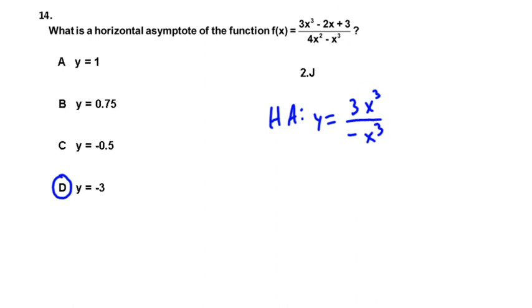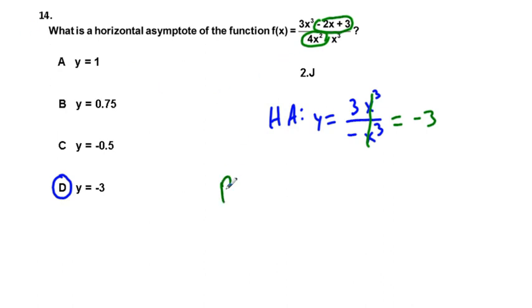And these things are going to simplify: x cubed and x cubed cancel each other, so you have left -3. And that's because relative to the cube terms, the negative 2x plus 3 in the numerator and the 4x squared in the denominator fade to obscurity the closer you go towards positive infinity or negative infinity.